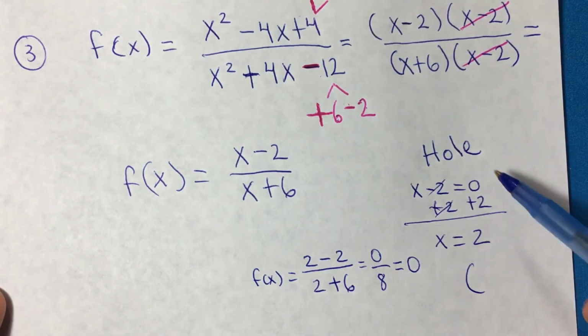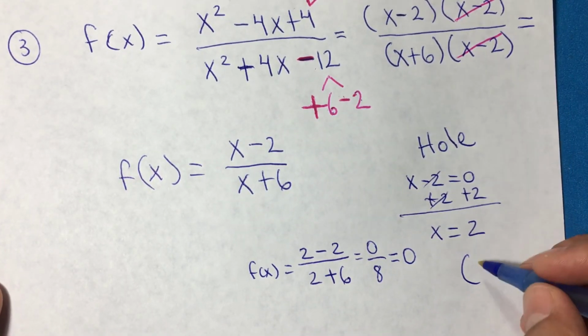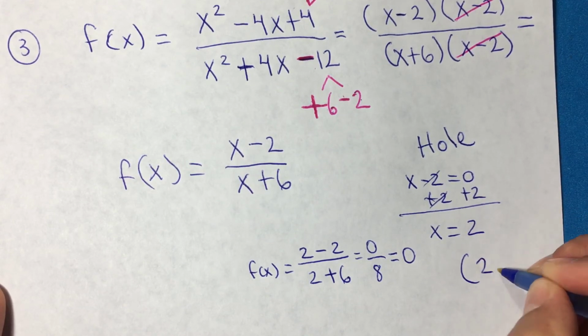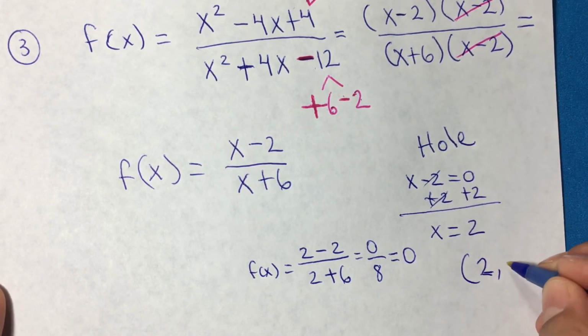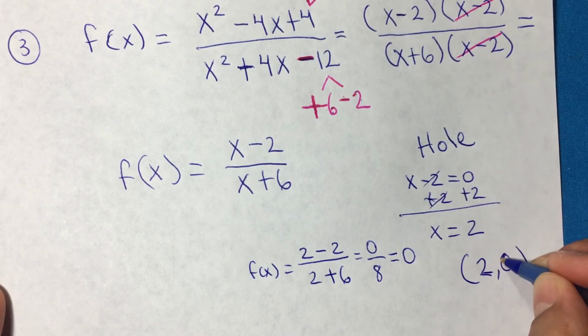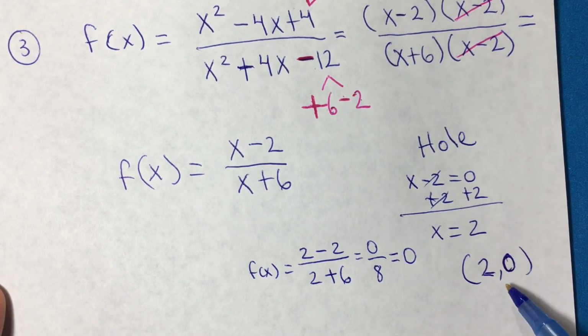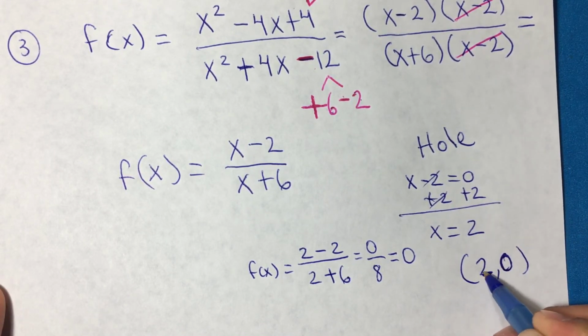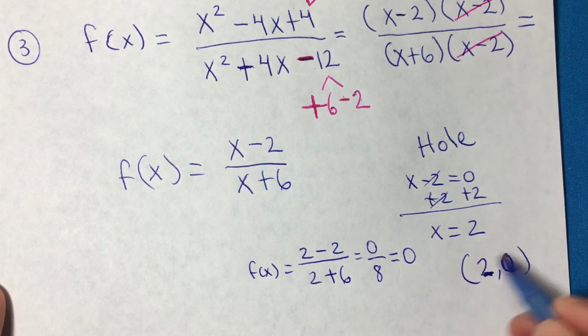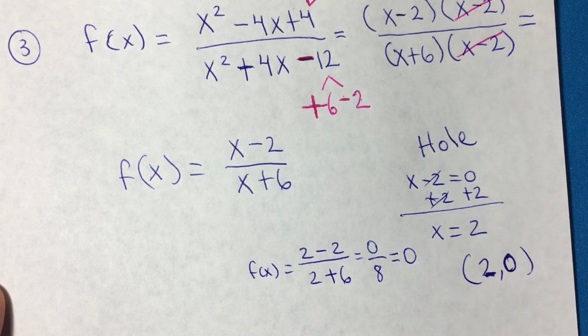So if we were to graph, we're not graphing again, but the hole will be at 2, 0. Okay, that means that the graph will go through that point, but will jump over it because that's going to be an empty point.